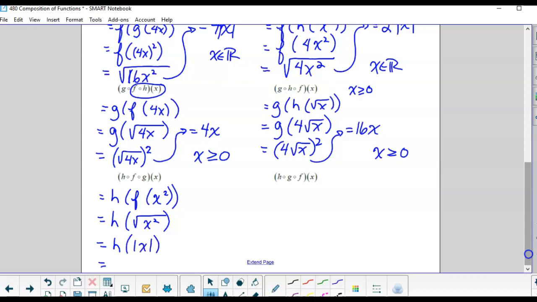And then h is multiplying by 4. So that's going to be 4 absolute value of x. So inside, that's x element of the set of reals. Taking the square root, x can be anything because we're squaring it first.